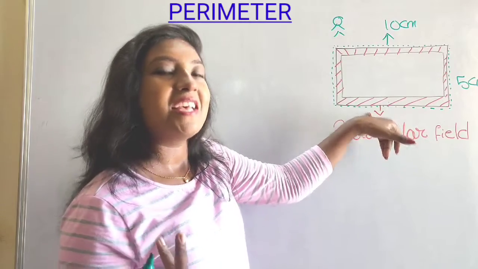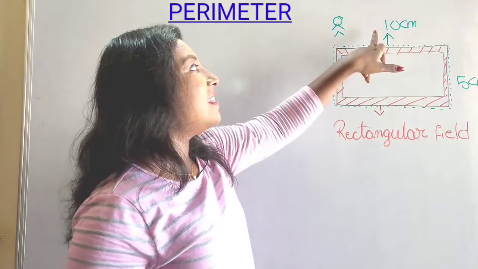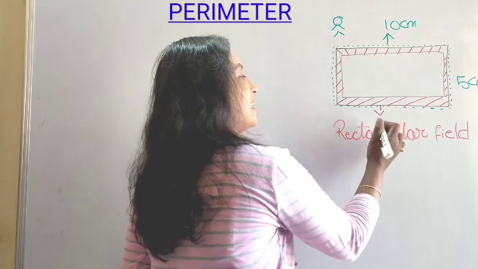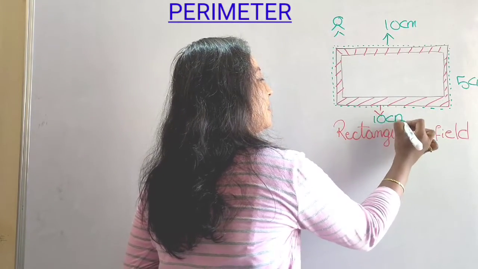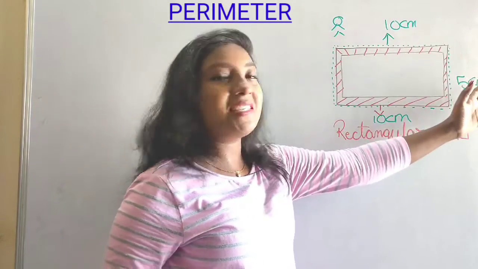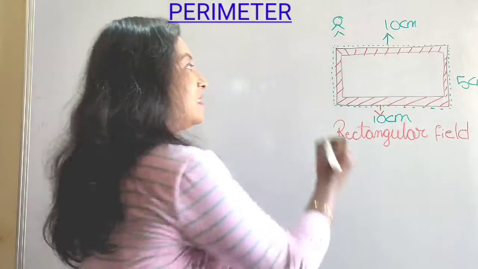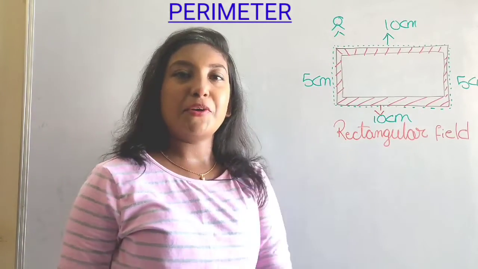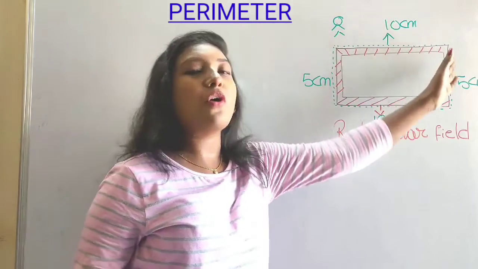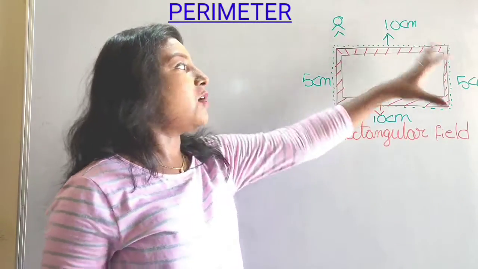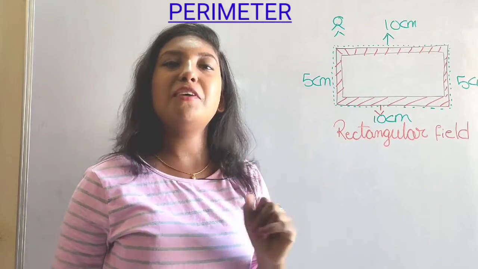In a rectangle, the opposite sides are the same. So the length of this side is also 10 centimeters, and here no need to find, just see the opposite side length, that is 5 centimeters. You have walked around all the edges of a rectangular field, and these are the lengths of its sides.